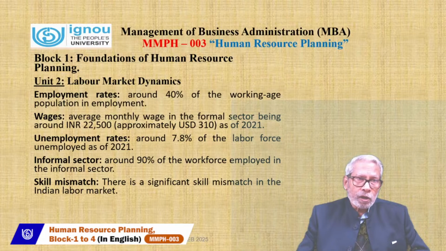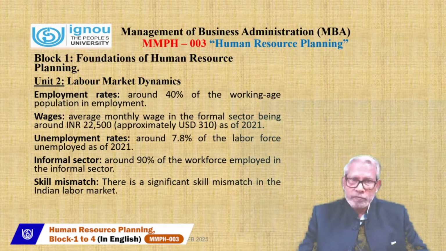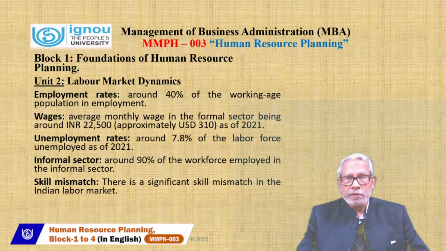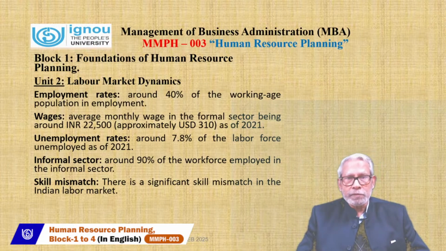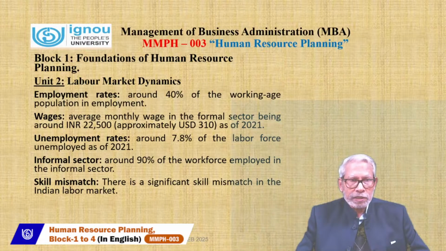As per 2021, the average is INR, Indian rupees, 22,500 approximately. Formal sectors. Now, the unemployment rate is around 7.8% of the labor force unemployed as per 2021. That is a forecast, I think. Then informal sectors: around 90% of the workforce is employed in the informal sectors. So this is some of the data.